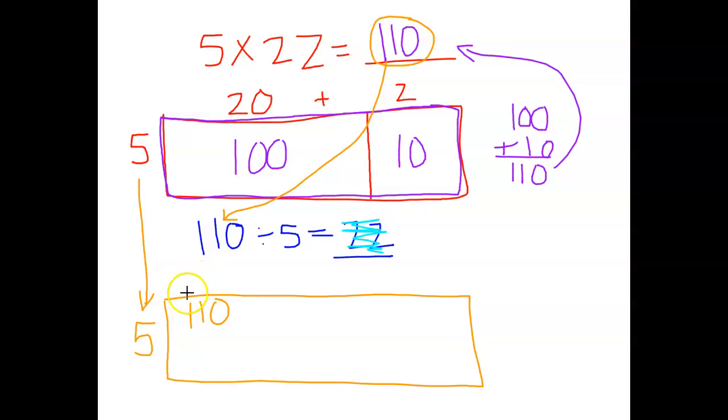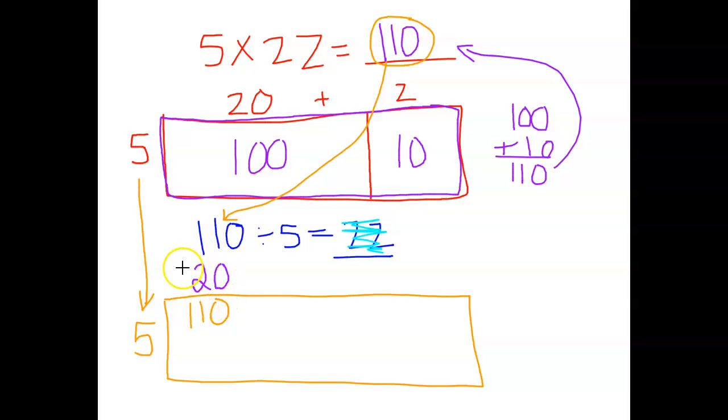So like for example, I could pull out 10 groups of 5 because that would be 50. I could pull out 20 groups of 5 because that would be 100. But I definitely couldn't pull out 30 groups of 5 because I don't have enough Skittles. 30 groups of 5 would be 150.